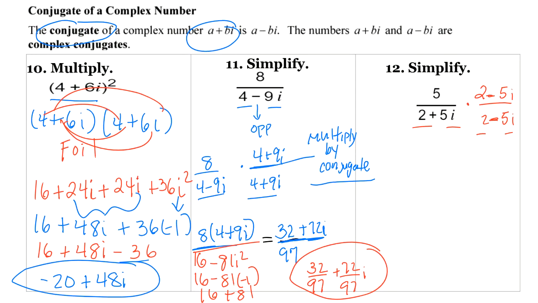So when I work in the denominator, I get 4. 2 times 2 is 4. A positive 5i and a negative 5i is negative 25i squared.